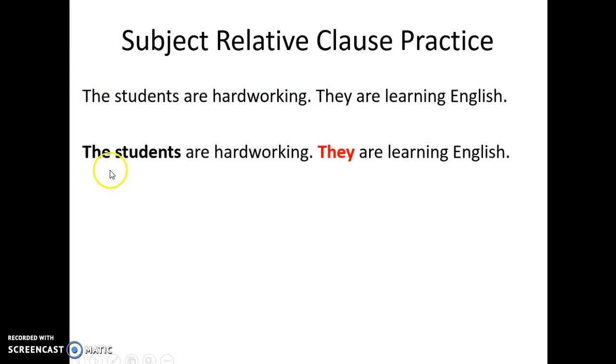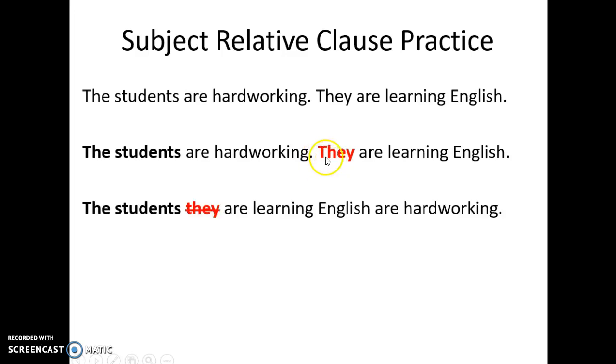So we have the students is the subject in the first sentence, and they is the subject pronoun in the second sentence. So what we're going to do to combine these 2 sentences is we're going to move this whole second clause right after the noun we're going to describe, which is students.